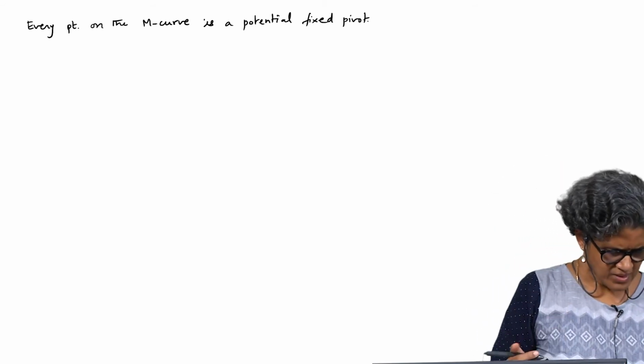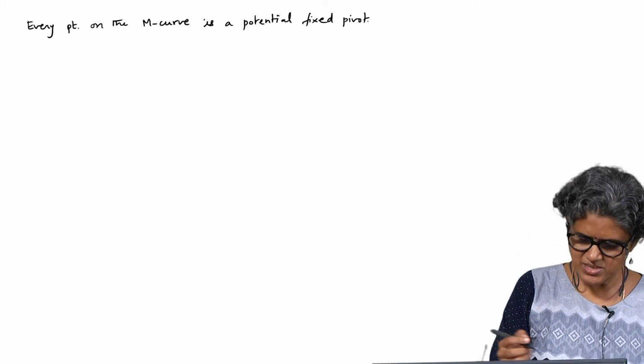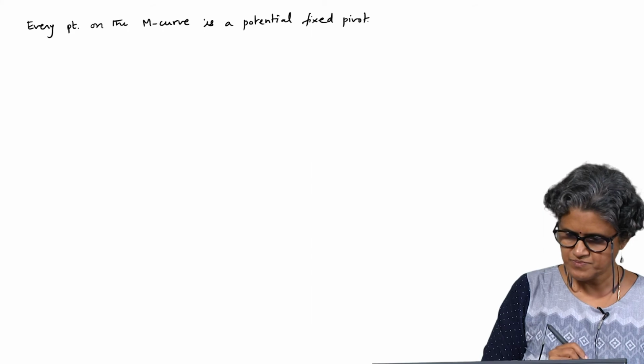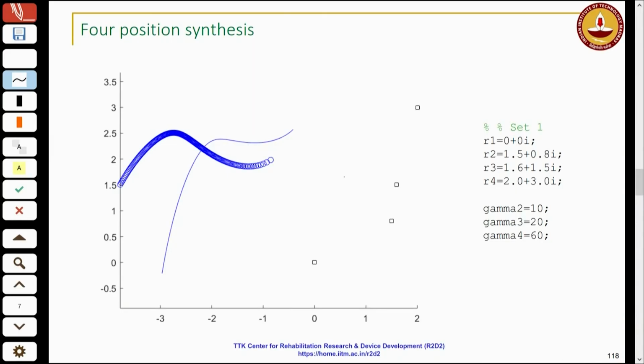Okay. So, let me just show you. Here we can program the equations for the 4 position synthesis, the equations that we just derived, and then use MATLAB or some such language to plot the M and K curves for a particular set of 4 position motion generation problem.